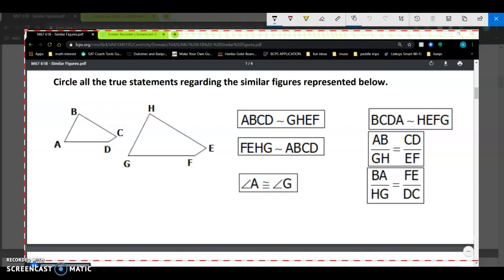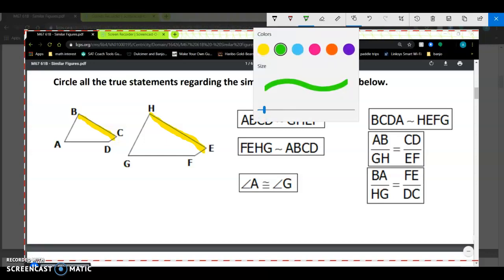Now, the way I tend to do this is I try and start by marking sides. First, I'm going to mark the longest side in each. That would be BC and HE. We can see how those two sides correspond with one another. I'm going to pick the shortest side next.